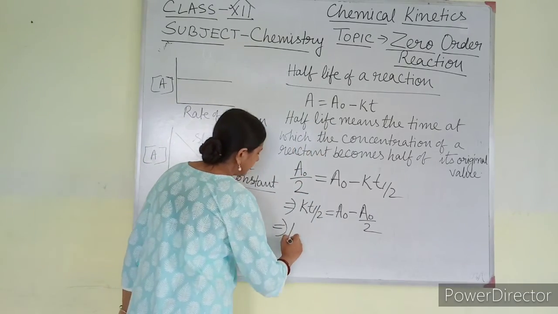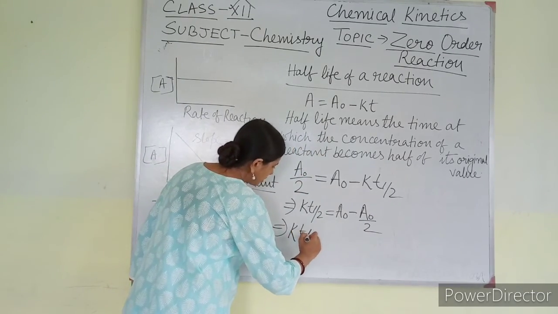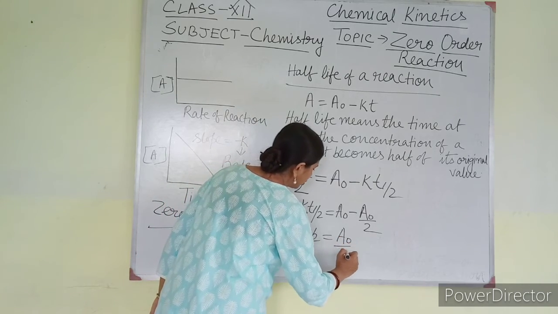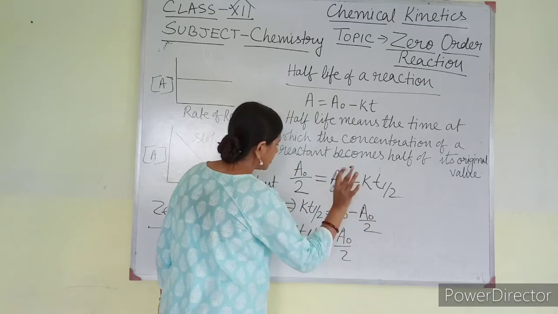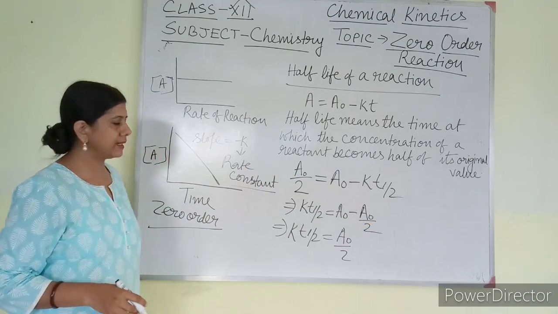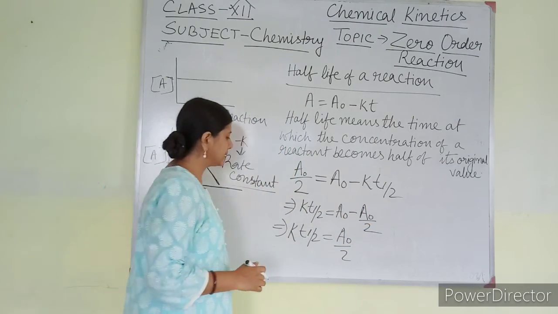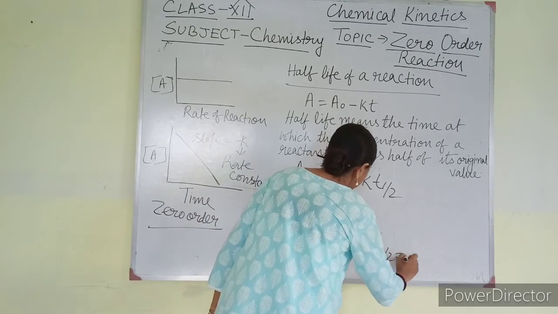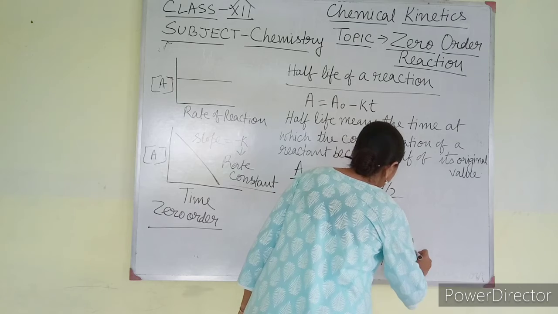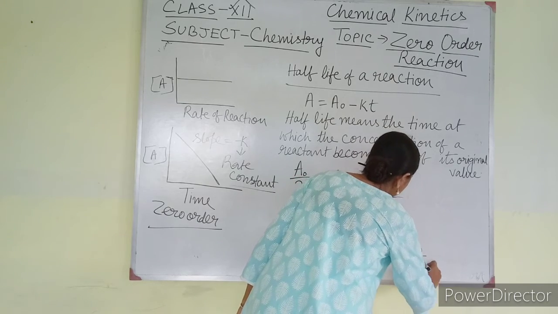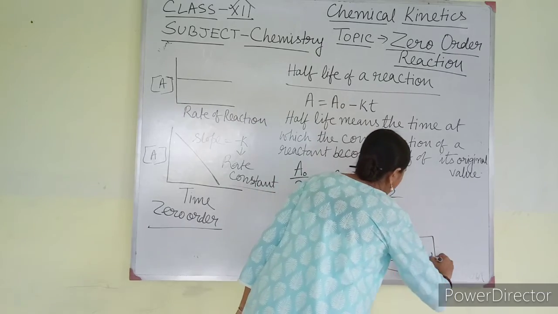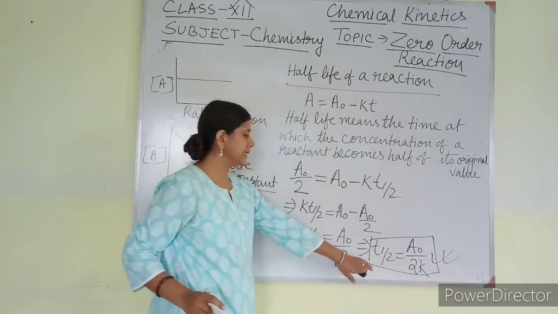So I am getting K into T half equal to A naught by 2. So what is my T half? T half, the half-life period, is equal to A naught by 2K. This is my final equation. This is the formula for calculating T half.